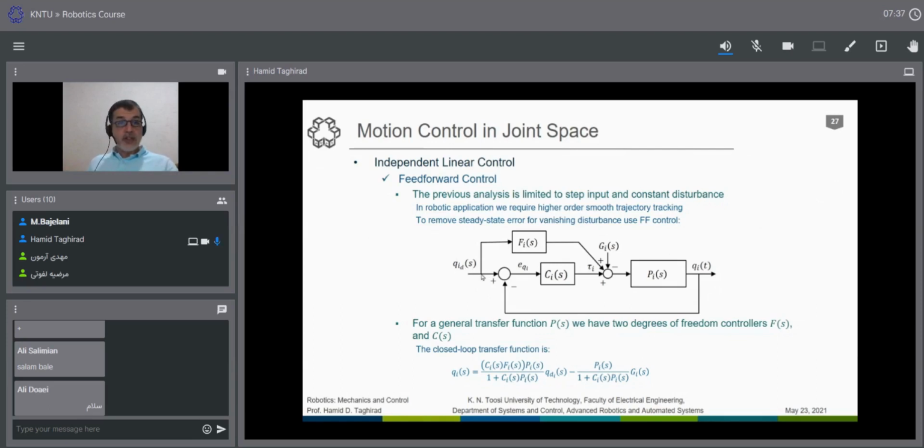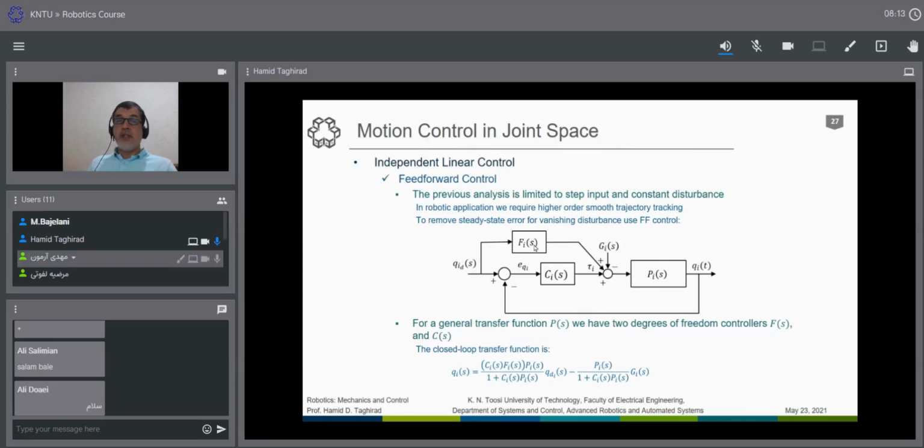We just use the information that we have already taken from the trajectory planner in the feed-forward controller. And you see that this is forward and this is feedback. The main difference is that this is usually used without a measurement unit, and particularly we would like to examine the effect that this feed-forward controller can have.